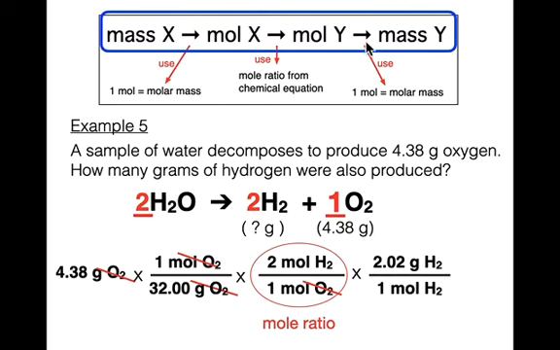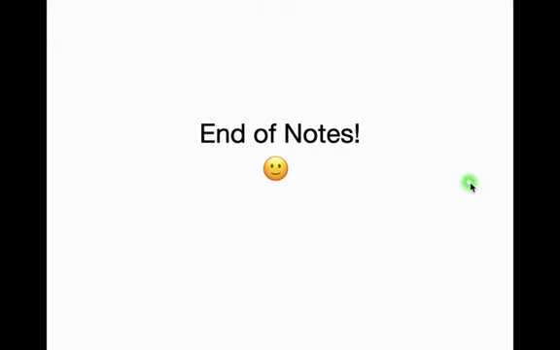And then the last step, 1 mole of hydrogen is 2.02 grams. Remember, it's diatomic, so it would be 2 times the molar mass of hydrogen. Moles of hydrogen cancel out, and that gives us 0.553 grams. That's the end of our notes.